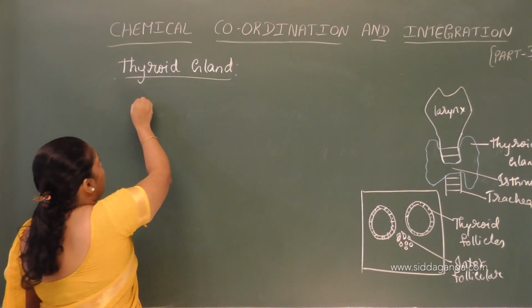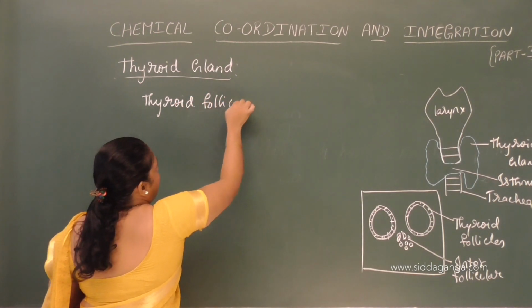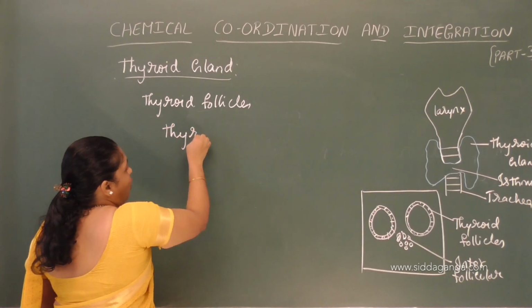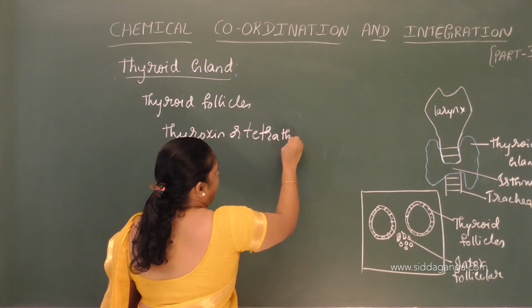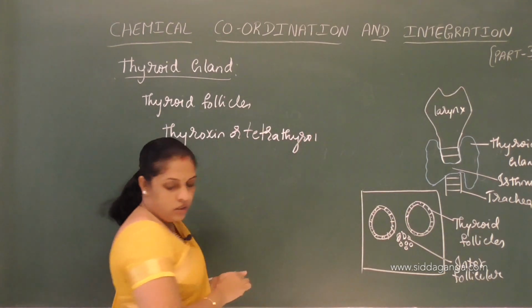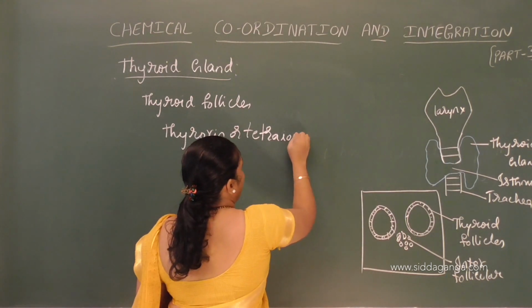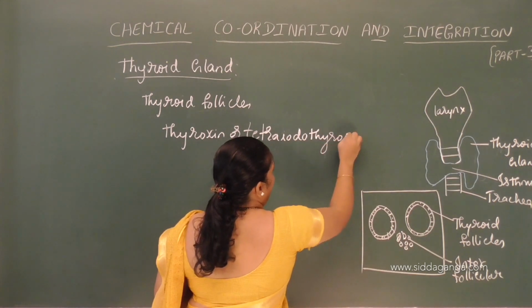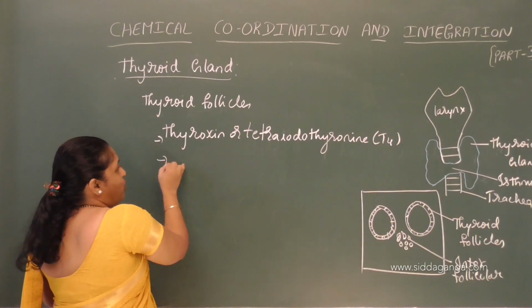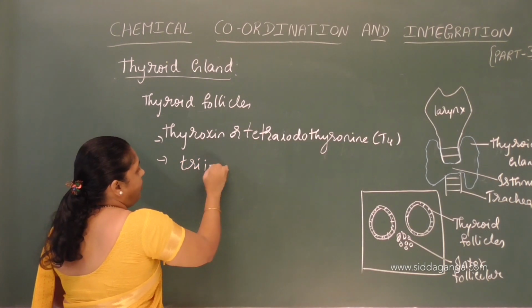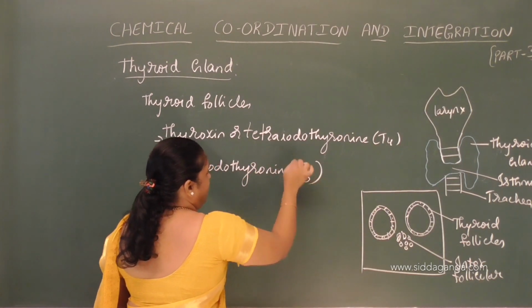Thyroid follicles produce hormones called thyroxine or tetraiodothyronine, T4, and one more hormone, triiodothyronine, that is T3.